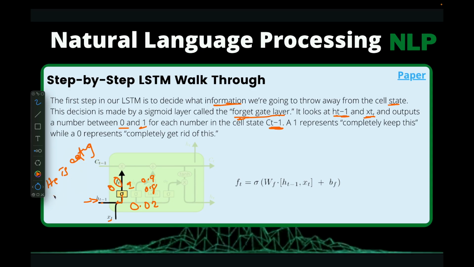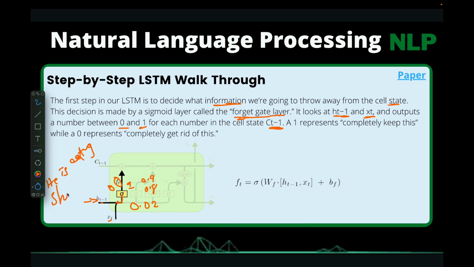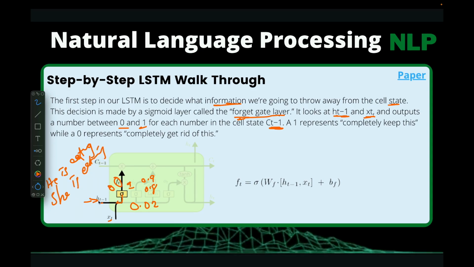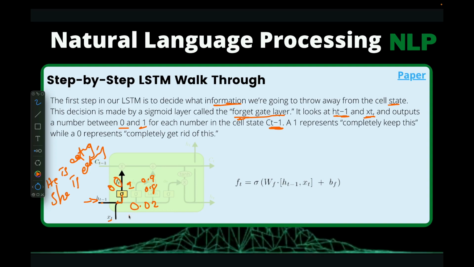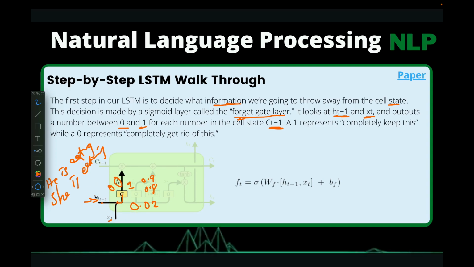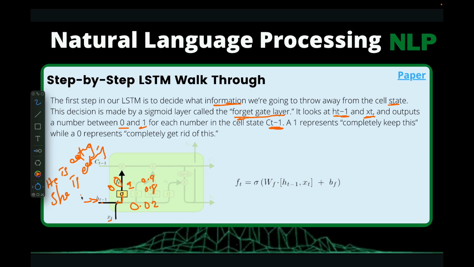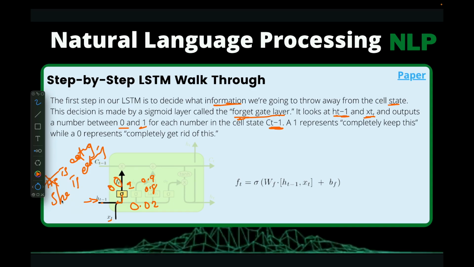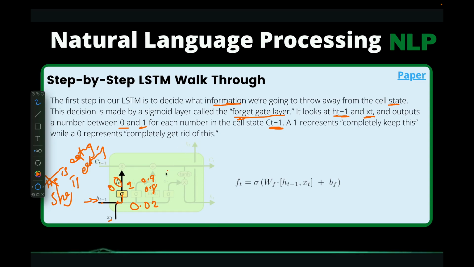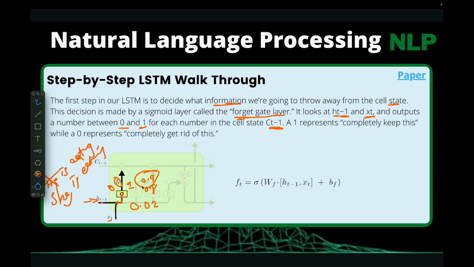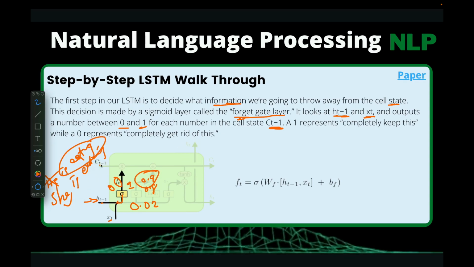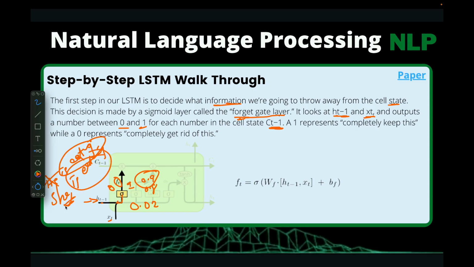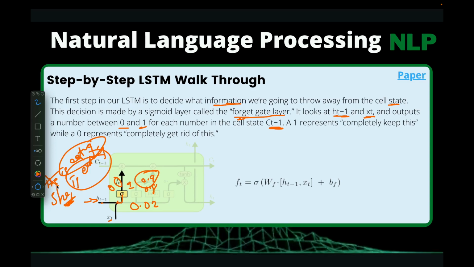And then now the information that you have is "she is eating". In that case, this gate is going to decide that, okay, from my previous state I only need to change the he to she. So I'm going to forget only a little information, and the majority of the sentence is going to be allowed to pass through. There's only a few things that I need to update, just the he to she.